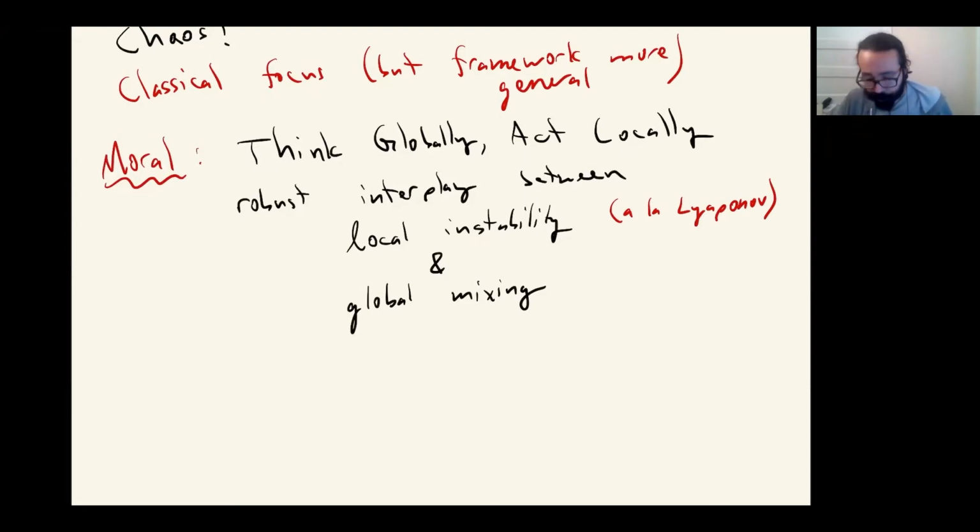But it's an important part of chaos that it's not just that trajectories separate, but they also come back together infinitely many times, so that there's mixing. There's ergodicity, and so the slogan here is ergodicity.